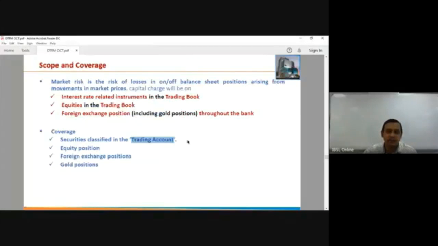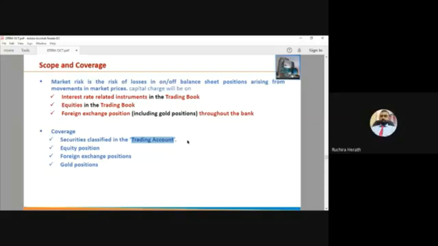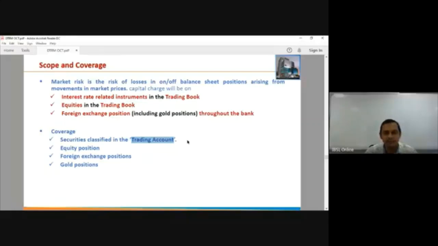Okay, so let's start with the interest rate related instruments in the trading book, right? Can you tell me some of the interest rate related instruments in your trading book? What kind of instruments can you have in your trading book? Treasury bill. Yeah, treasury bill is an interest related instrument, and generally that will be classified under the trading book.